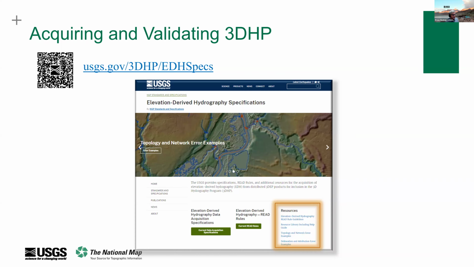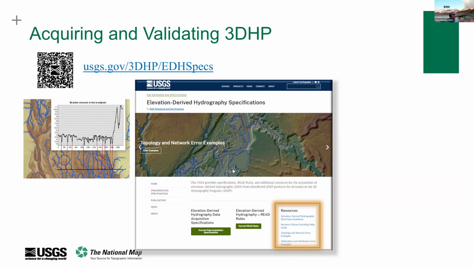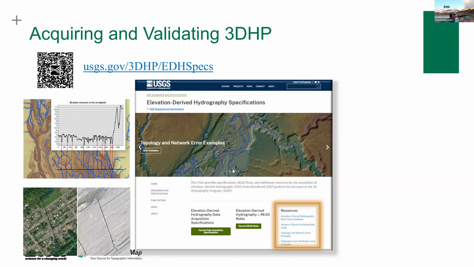We have some interesting error and topology error examples on there and things like that, tools that can show the data and information about it. There's a help guide and a checklist for hydro features.